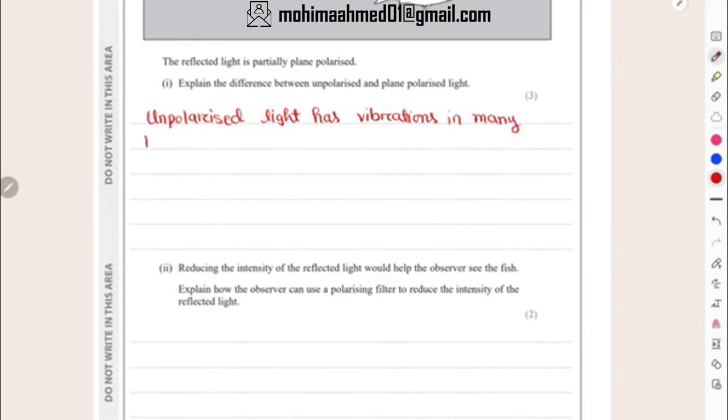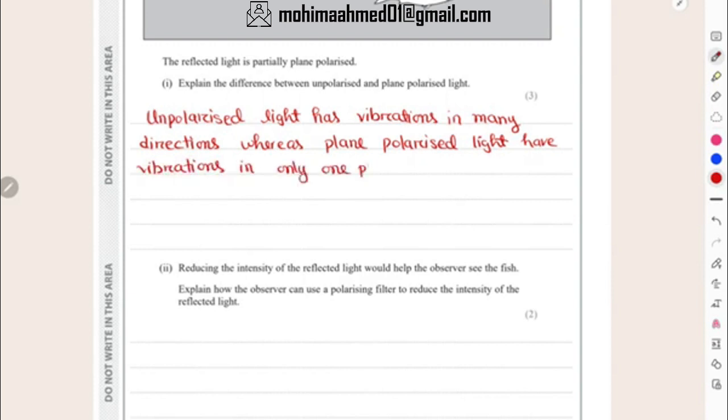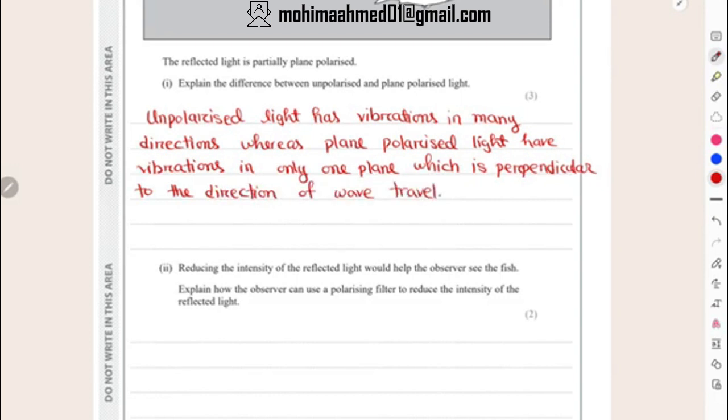In many planes or in many directions should be the correct answer, whereas plane polarized light vibrates in only one plane, that is perpendicular to the direction of wave travel.